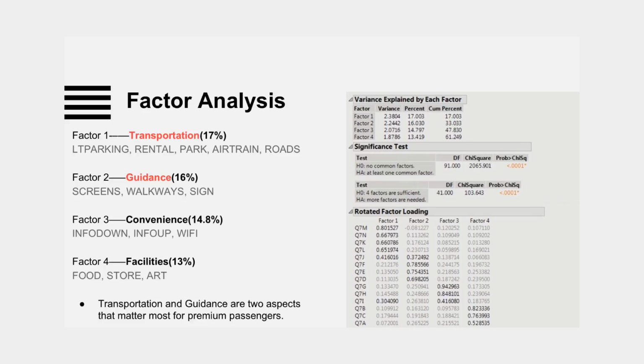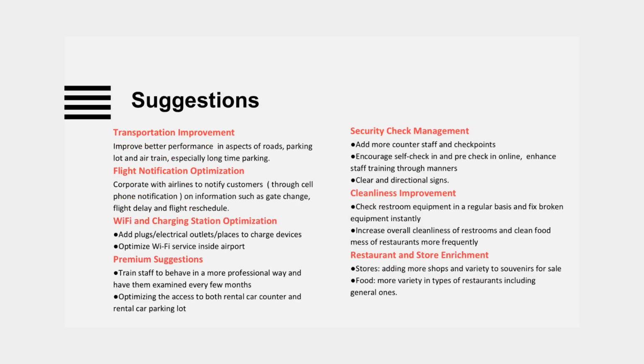Then we use factor analysis to analyze Q7, and we group the items into 4 parts: transportation, guidance, convenience, and facilities. Transportation and guidance are 2 aspects that matter most to premium passengers.